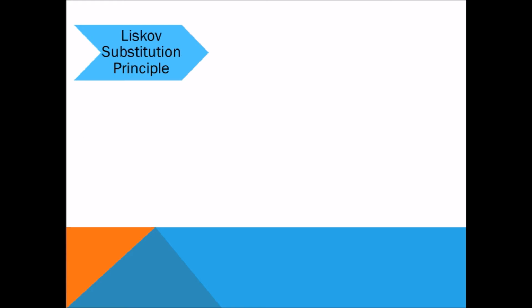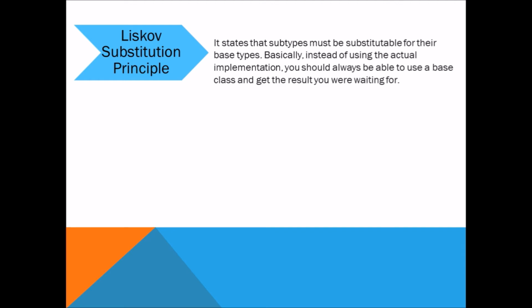Third is Liskov's Substitution Principle. It states that subtypes must be substitutable for their base types. Basically, instead of using the actual implementation, you should always be able to use base classes and get the result you were waiting for.